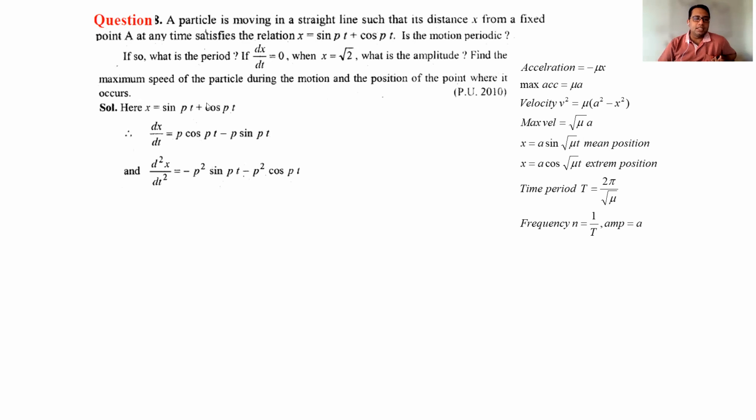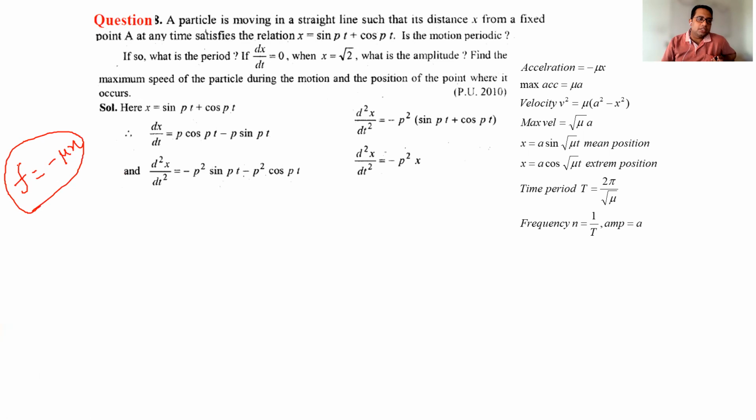So firstly, let us see what the nature of this motion is. x = sin pt + cos pt is given to us. To verify that the motion is simple harmonic, we need to calculate the value of acceleration. If it is of this type, then we can say that it is a simple harmonic motion, because this is the condition for a motion to be simple harmonic: acceleration is always proportional to the distance and is always directed towards the fixed point O, as explained in video lecture 1.